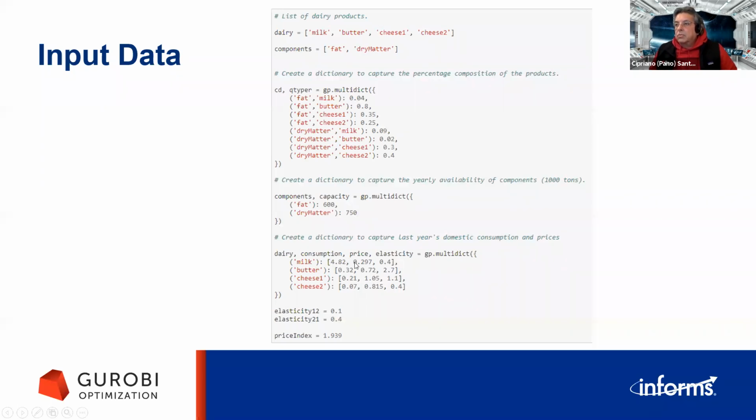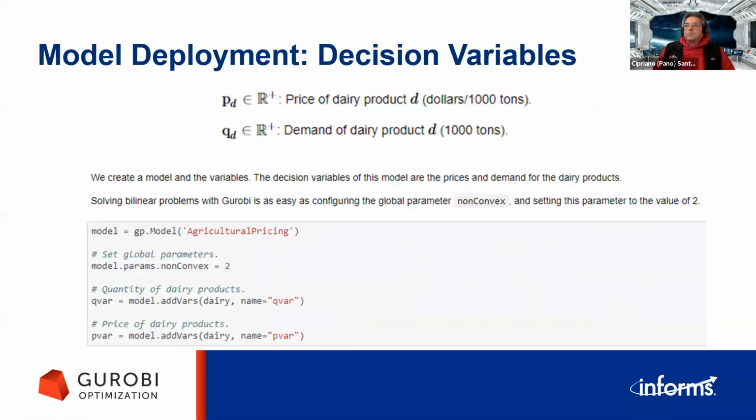The price is going to be 0.297, and the elasticity is going to be 0.4. The other cases will have similar information. The elasticity from cheese 1 to cheese 2 is 0.1, and the elasticity from cheese 2 to cheese 1 is 0.4, and the price index is 1.939.